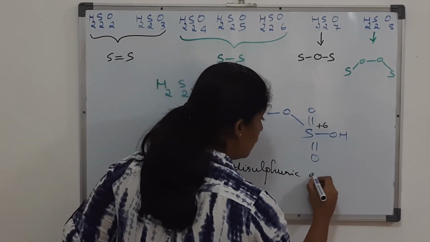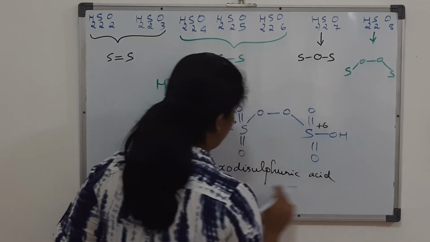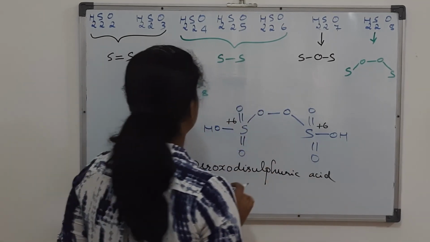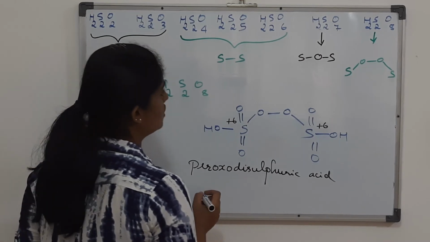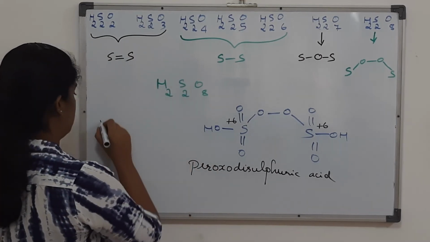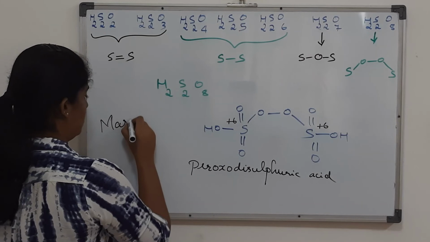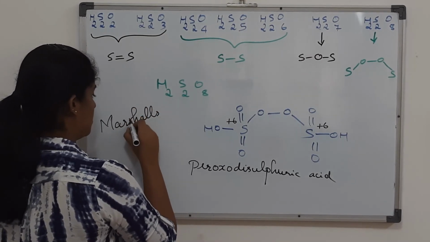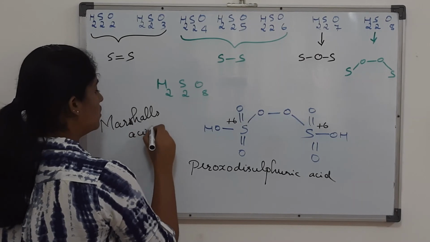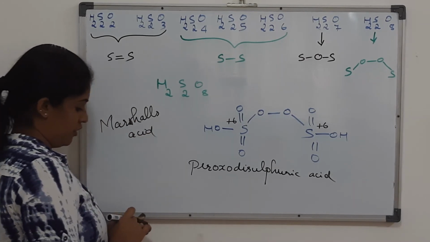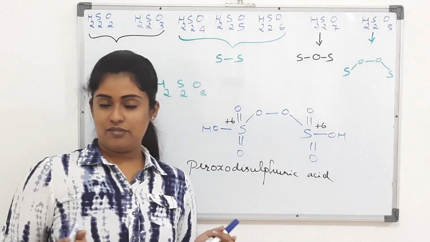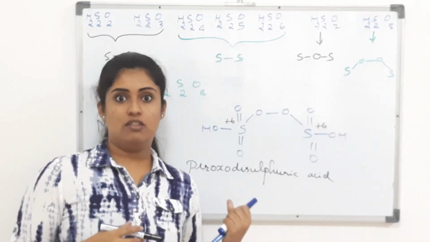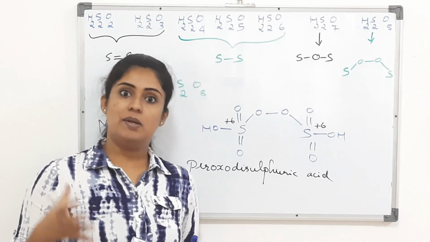Similar to the one we saw initially in the first class, we saw peroxo monosulfuric acid, which is Caro's acid. This is peroxo disulfuric acid, and this is Marshall's acid. Common name, peroxo disulfuric acid. So that's it for today, and I hope this video will help you learn and remember the structures of several oxoacids of sulfur in a much easier fashion.